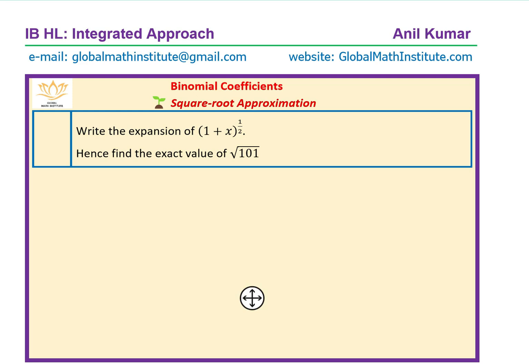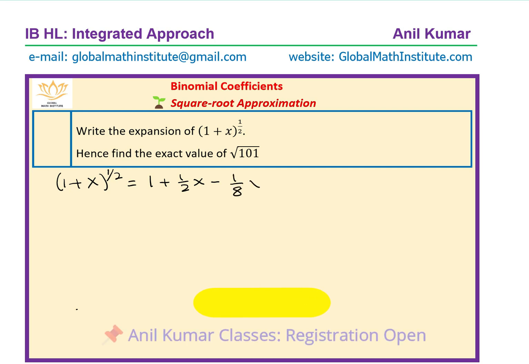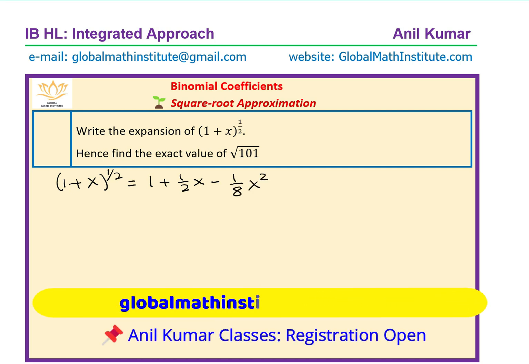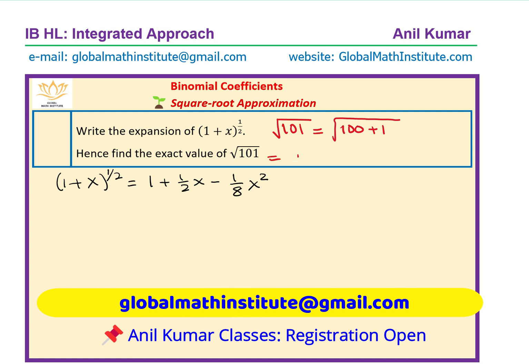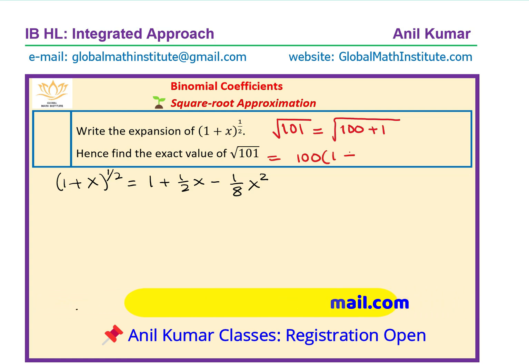So let me rewrite the expansion first, which is (1 plus x) to the power of half. We just calculated it is equal to 1 plus half x minus 1 by 8 x squared. Now what we did was that since we had the square root of 101, we wrote this as 100 plus 1, 100 common, square root of 1 plus 1 over 100.